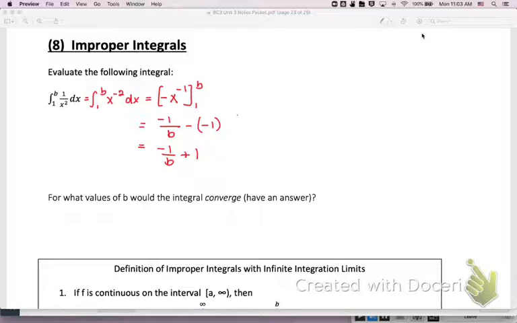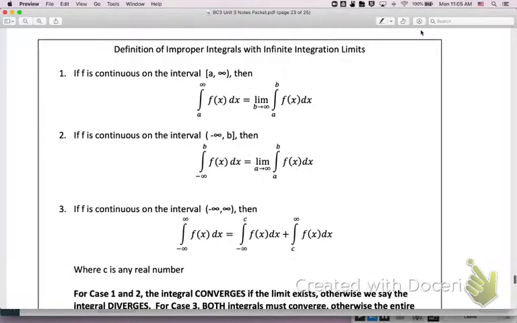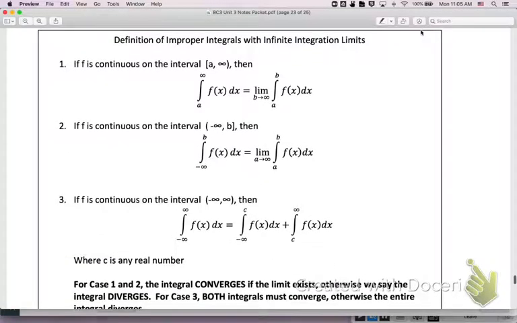So this would converge for all b greater than or equal to 1. That's all we want for our integral. So this idea of whether the integral converges or not is the big idea here when we look at improper integrals. There are several different cases where we would need an improper integral with an infinite integration limit.